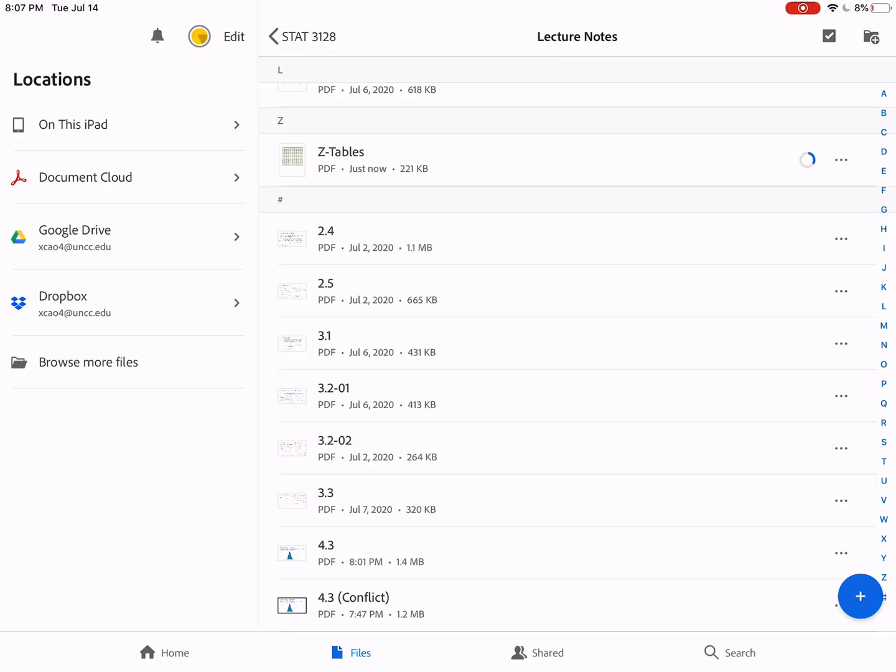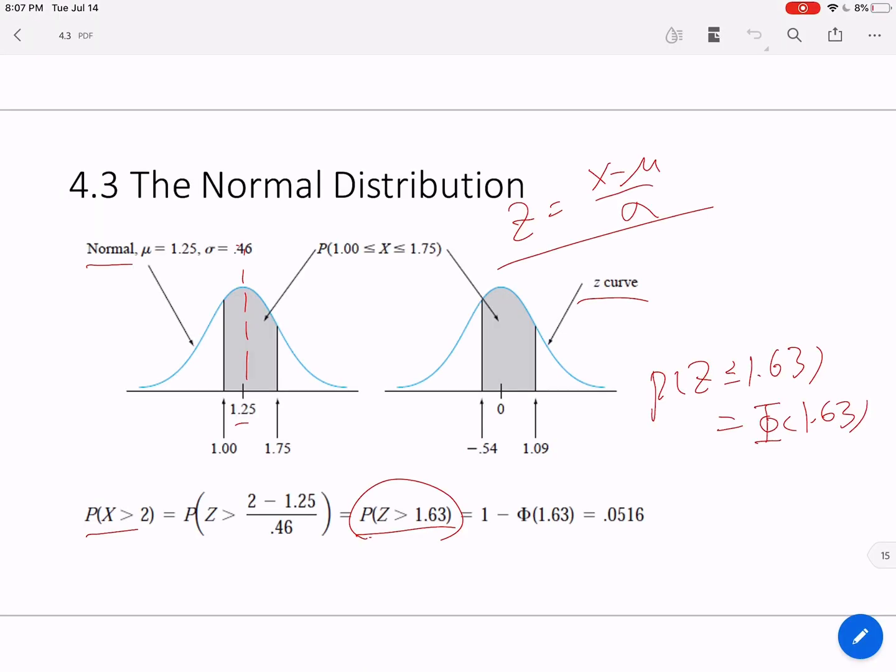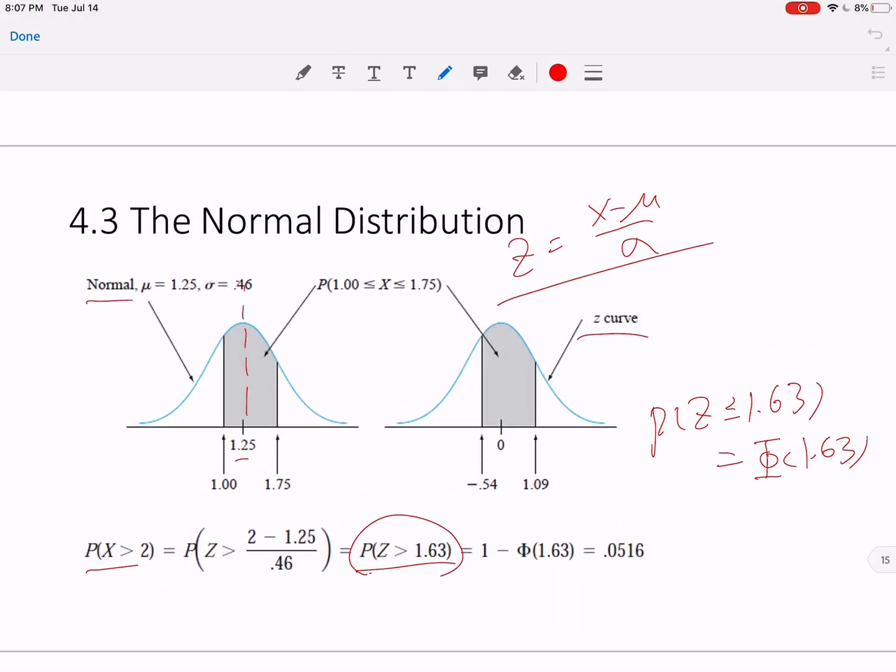Then we subtract that from 1 to get the probability that x is greater than 2, which is equivalent to the probability that z is greater than 1.63. This is 1 minus 0.9484, which is 0.0516.